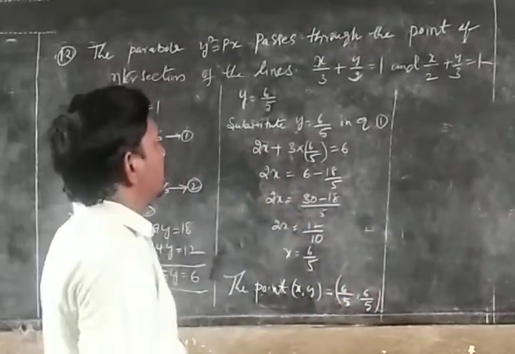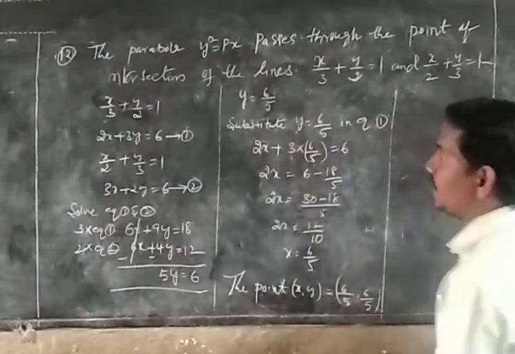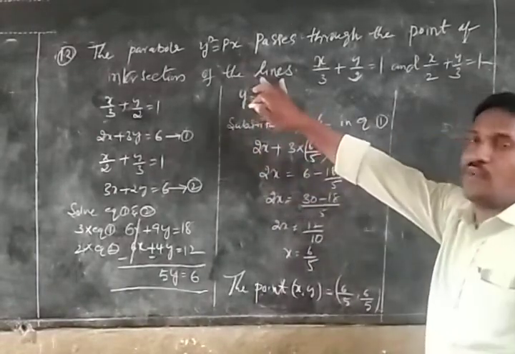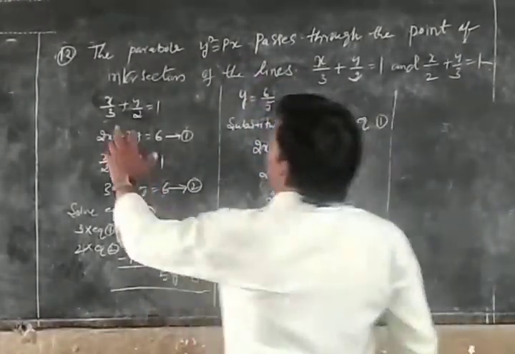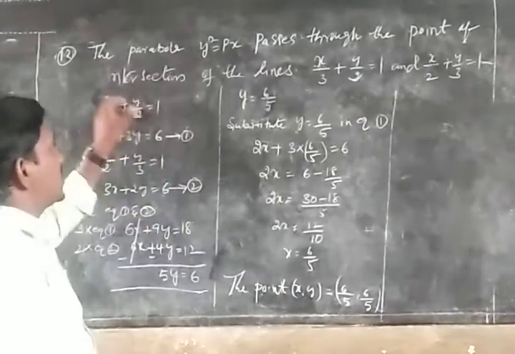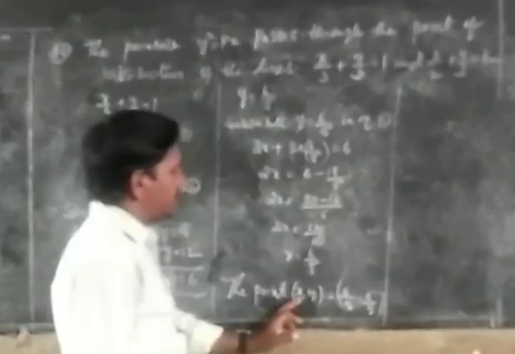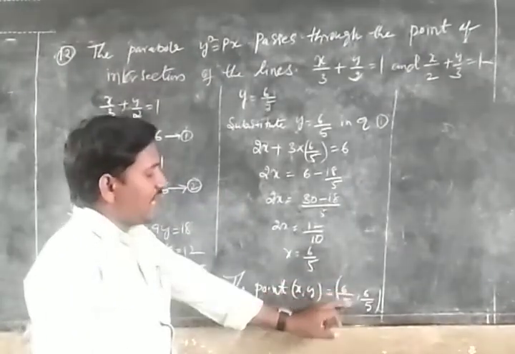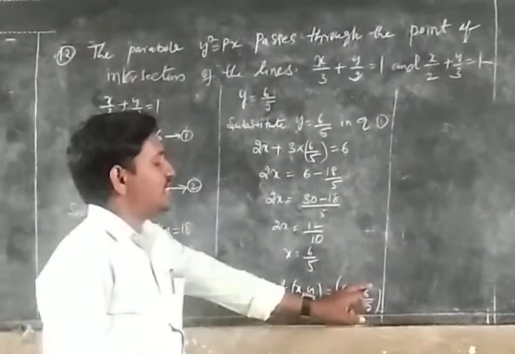This point should satisfy the given parabola y square is equal to px. So the parabola y square is equal to px passes through the point of intersection, 6 by 5 comma 6 by 5.